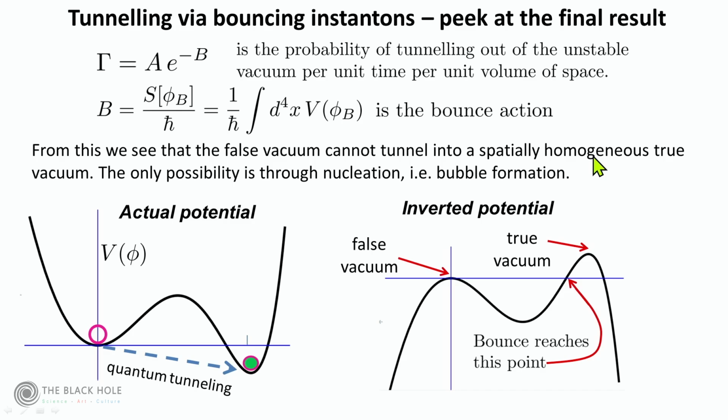It has to happen through bubbles, because if this was constant, then you would have an infinite volume of space-time over here, and that would cost too much energy. So if this V of phi B was constant, that is to say it was happening everywhere, then we would have e to the minus infinity. So not possible.